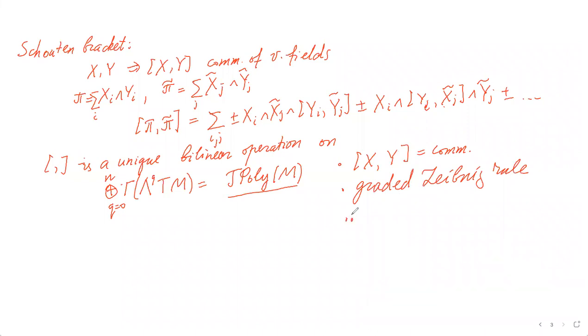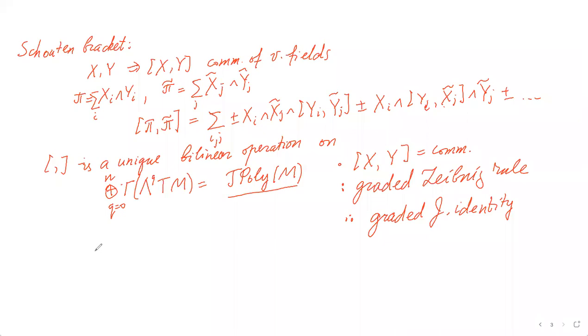And the third is the graded Jacobi identity. Unlike the usual Jacobi identity, the graded Jacobi identity comes with certain signs which appear naturally from this definition, but they're quite hard to remember. So if you want, I can find the reference for you, but not now. We're just speaking about this a bit loosely.